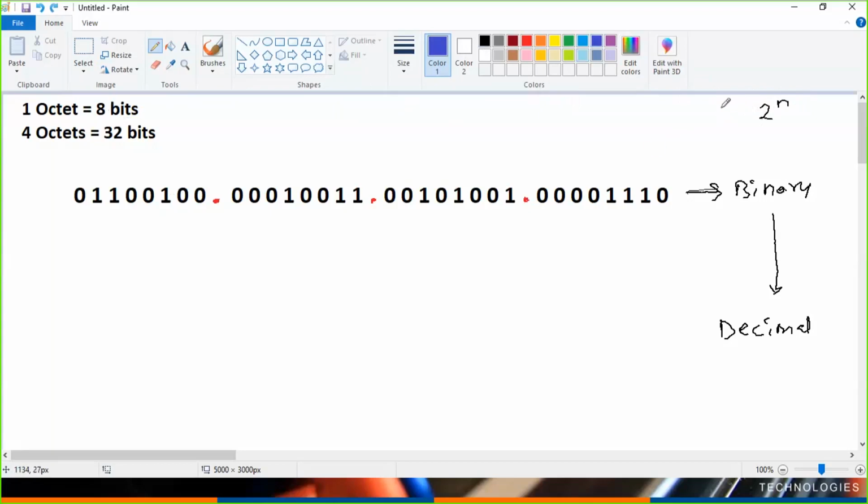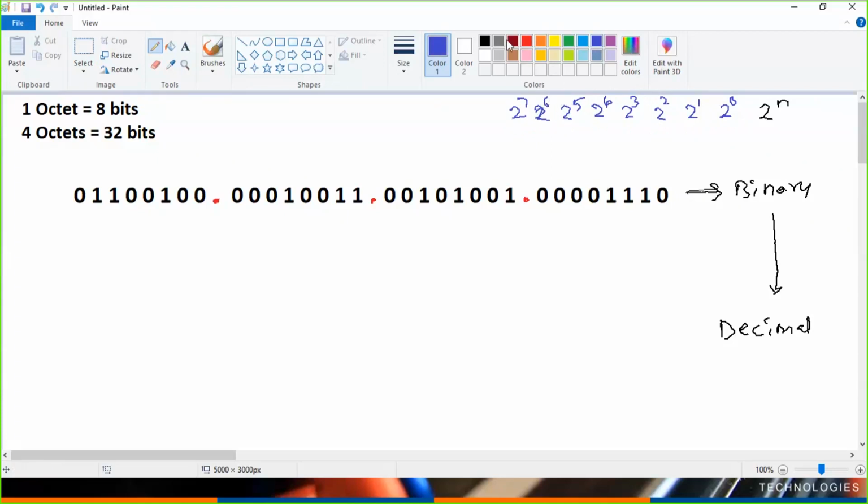Let us take 8 bits: 2 power 0, 2 power 1, 2 power 2, 2 power 3, 2 power 4, 2 power 5, 2 power 6, and 2 power 7. 8 bits. The first one, second one, third one, 4, 5, 6, 7, 8. Got it?